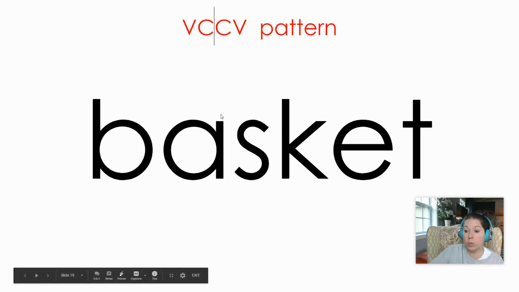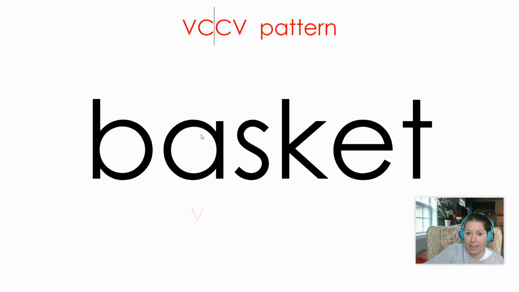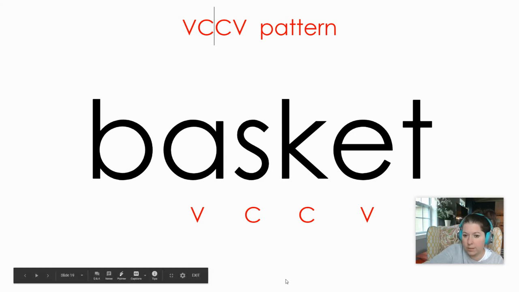And what we're going to do is label it. We're going to find this pattern within the word. Here it is. A is our first vowel. Here's our consonant, consonant, vowel. Good. Now you split it between the two consonants, okay? We'll break it apart and apply our rules.